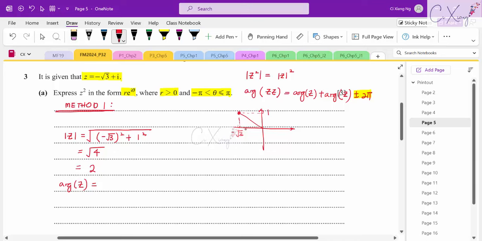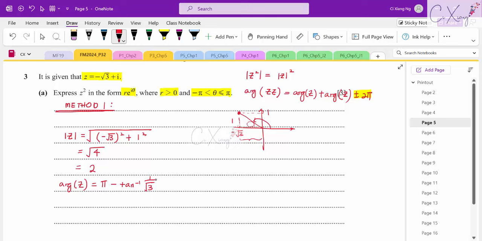To get the angle in the second quadrant, I have to take 180, which is pi, minus the angle in the triangle. It should be tangent inverse of 1 over square root 3, because this is a 1 and the bottom part is square root 3. Then with a little help from the calculator, you should be able to get pi minus pi over 6.